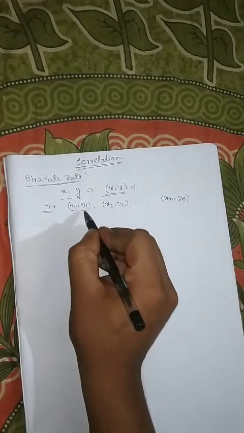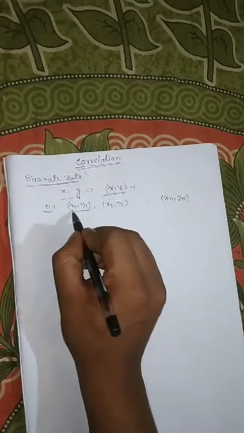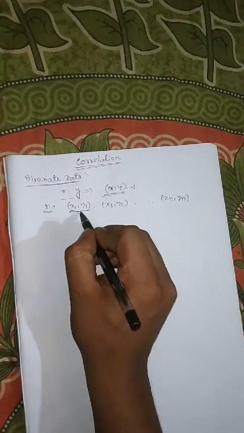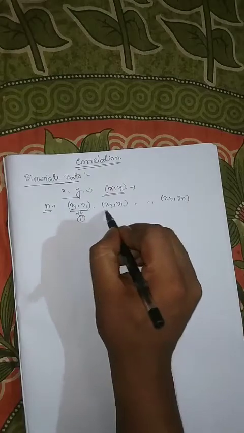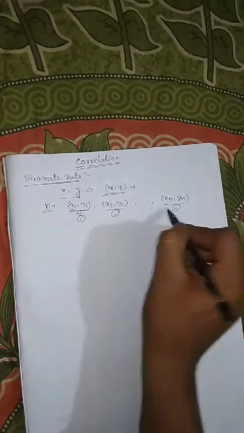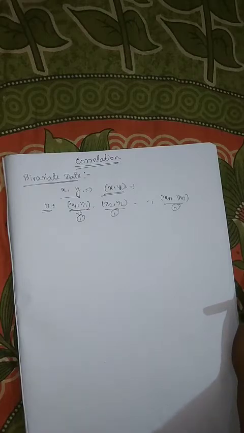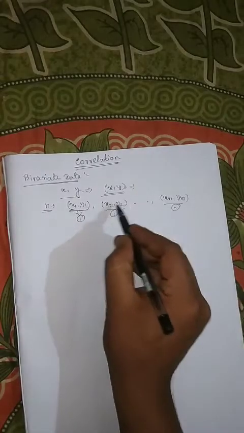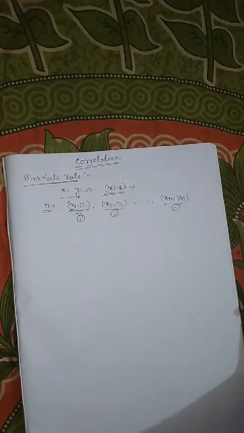So x1 y1 are the data of two characters for only one individual, this is for the second individual and this is for the n-th individual. In this way we can collect the bivariate data. This distribution is called the bivariate distribution.